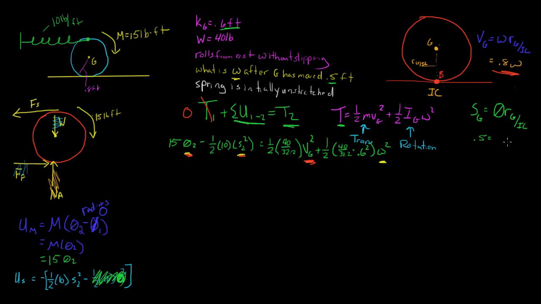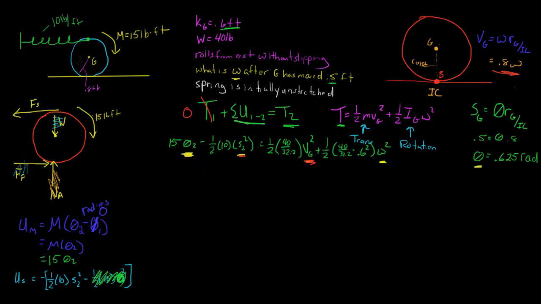It's going to be equal to some theta, and this again is going to be equal to 0.8. So I know that the amount that I rotate, theta, is going to be equal to 0.5 over 0.8, or 0.625 radians. So right here, I now know how far I rotate. I know I rotate 0.625 radians. So I can plug that in for theta 2. That's a numerical value. That's good.